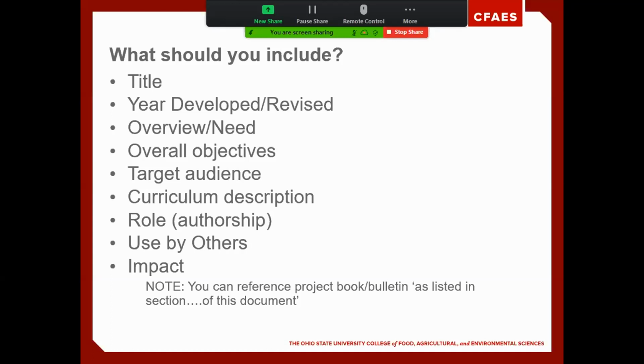So the use by others, that's a wonderful piece that I was talking about earlier on that team. When you use somebody else's curriculum, make sure you shoot them an email and let them know. Ask the questions. Do you have any tips that you want to share with me before I teach this? Any of those could be very helpful.